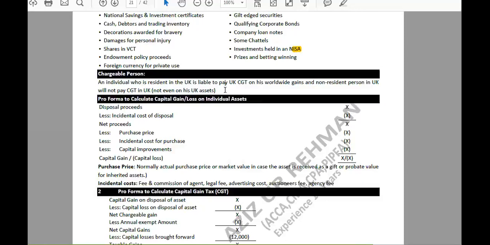So if a person is UK resident, he will have to pay capital gains tax in the UK on his UK as well as overseas assets. But if a person is not UK resident, he will not pay any tax on UK assets or overseas assets apart from one asset. And what is that asset? That is land and building in the UK. If a non-resident person has land and building in the UK, only then he has to pay tax on that land and building. Otherwise, a non-resident person will not pay any tax in the UK.